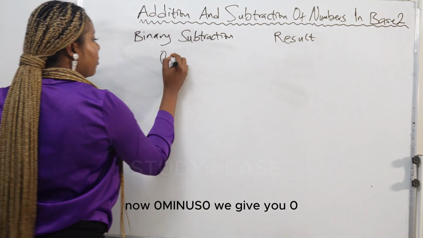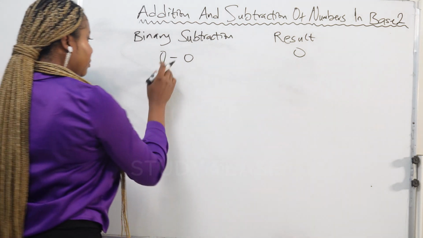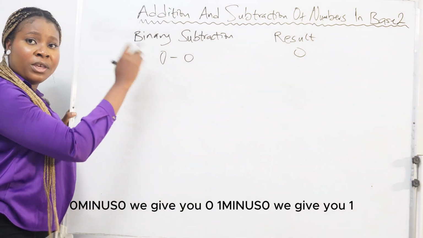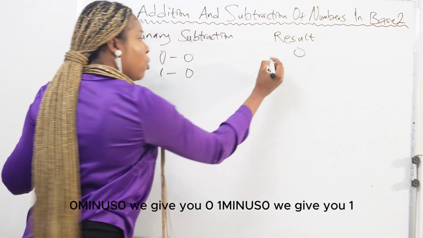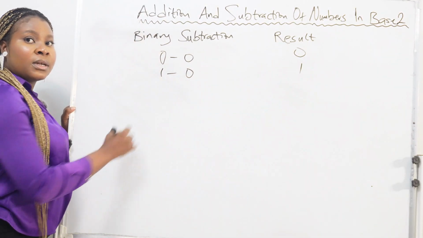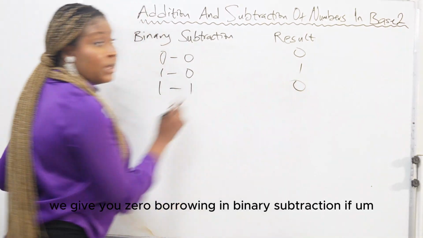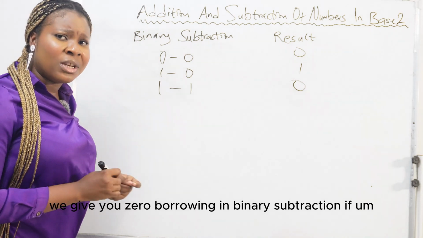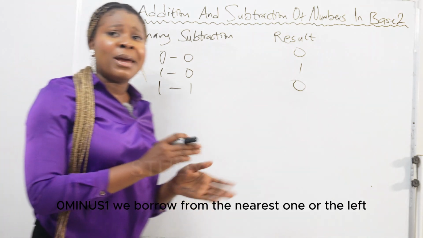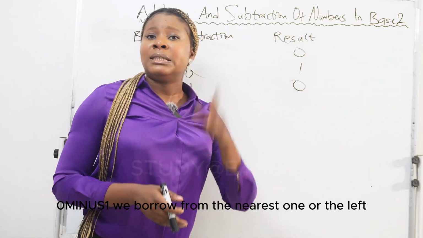Now 0 minus 0 will give you 0. 1 minus 0 will give you 1. 1 minus 1 will give you 0. Borrowing in binary subtraction: if 0 minus 1, we borrow from the nearest one on the left.